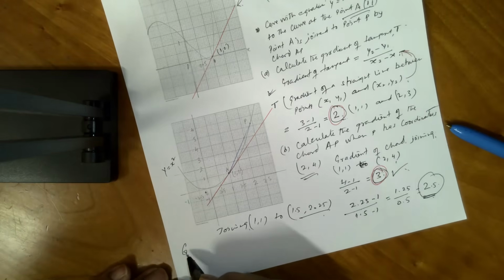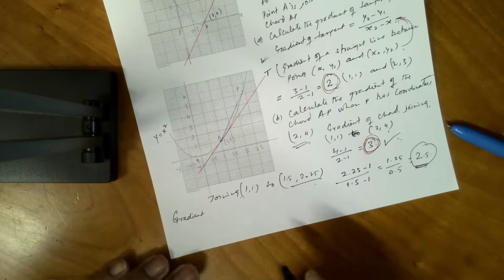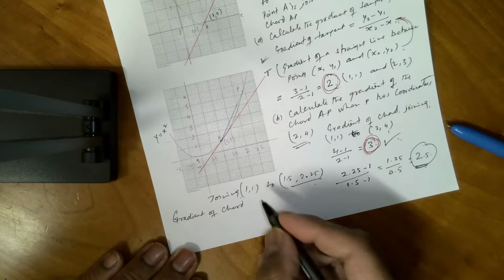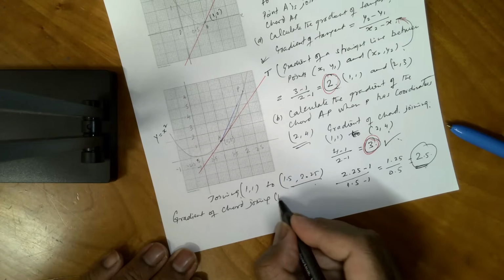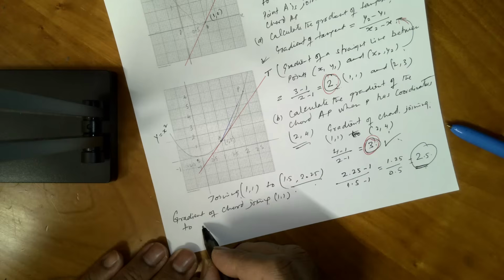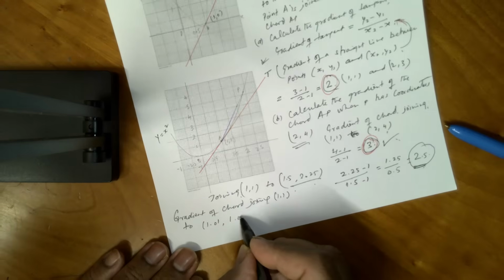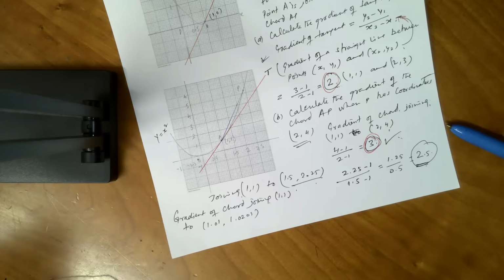Write down here: gradient of chord joining 1 and 1, but this time I will say 1.01 and 1.0201, because I want to come even closer.